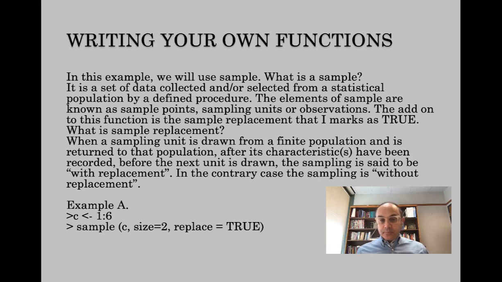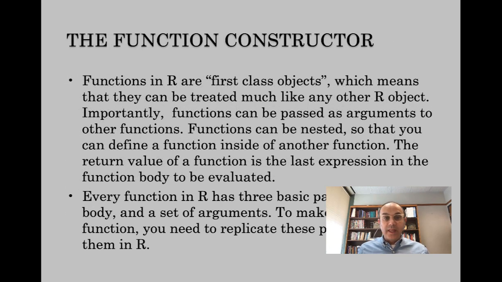So again, we can write our own function, for example a sample, where I write what is the replacement and what is the size of the replacement, and I can assign the data set that I want it to run on.